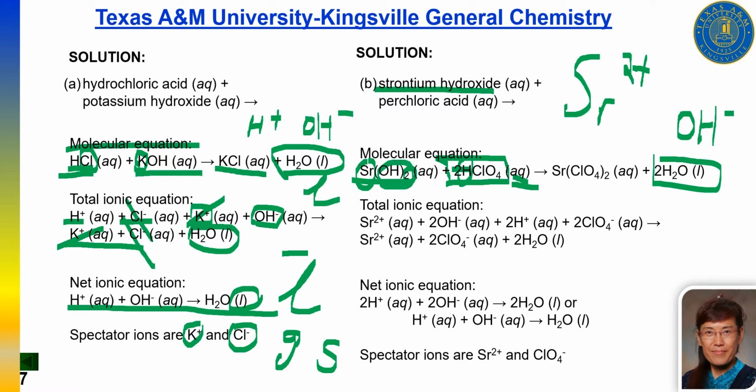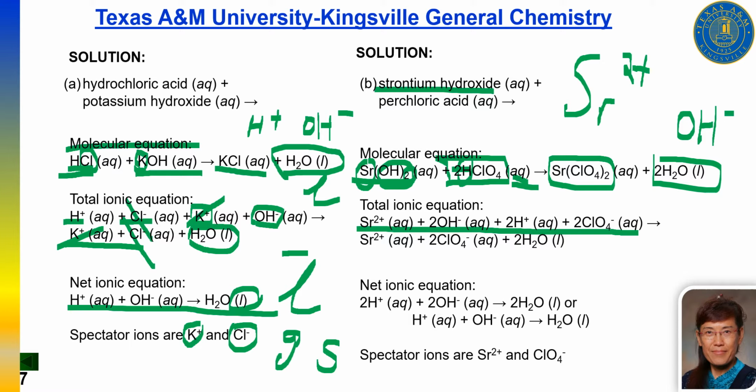And the proton, you also have 2 moles. You produce 2 moles of water. Your strontium perchlorate will also be formed. And then you are going to break down all the aqueous solutions. Any substances you labeled as aq, you break them down to the associated ions, cations and anions.